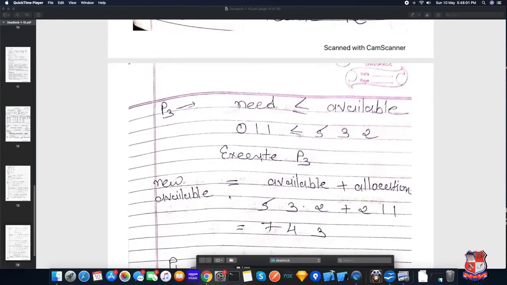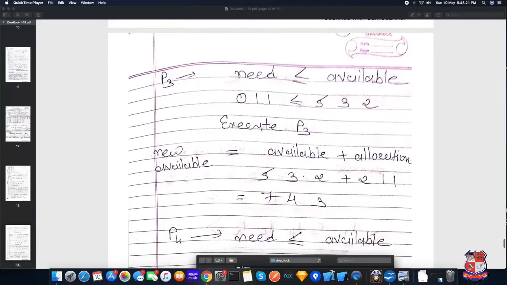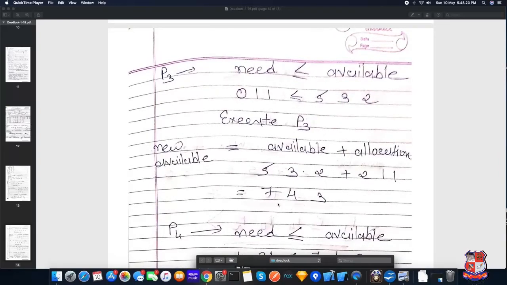Then for P3, the need value is 011 and the available is 532. Here it is true, so we find the new available value. After applying available plus allocation, the new available is 743, which is the available value for the next process.